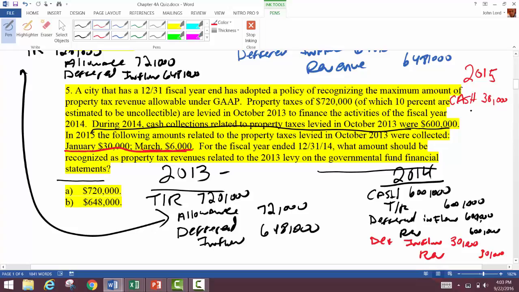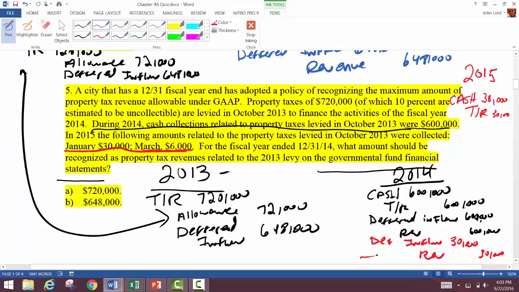I'm going to credit taxes receivable for 30,000. I don't have to take any revenue now because I've already taken the revenue in 2014, right?